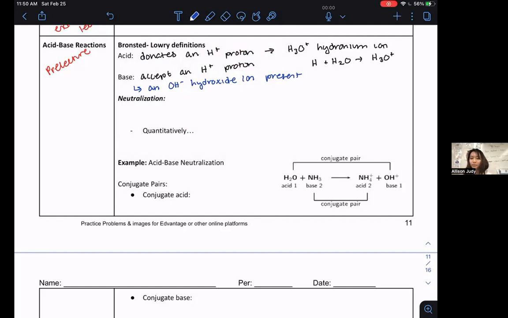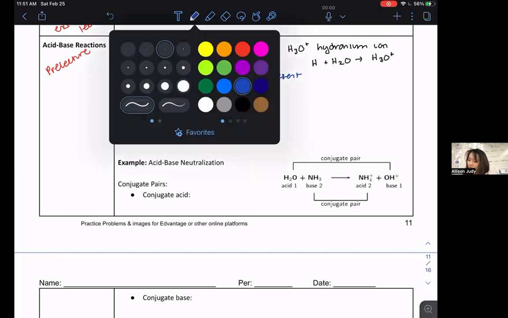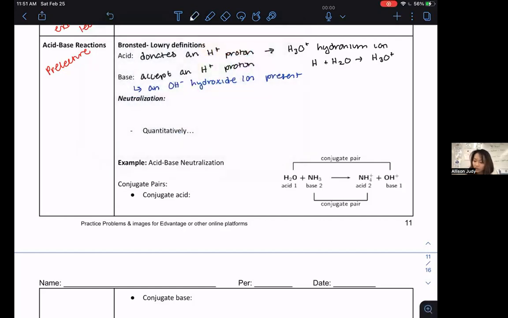Okay, so neutralization occurs when we have an acid, that H+ donator, react with a base, that H+ acceptor, to produce a salt, a semi-ionic compound, and water.